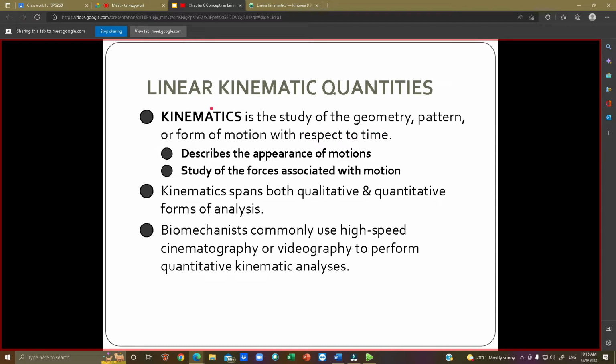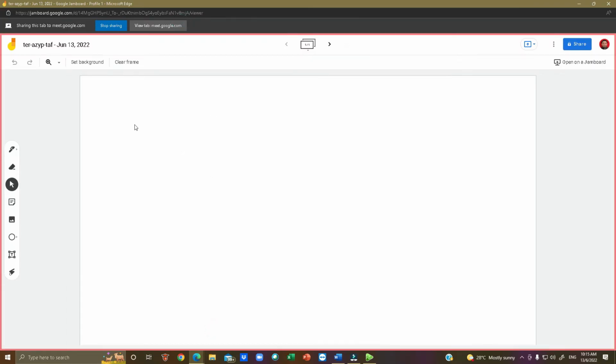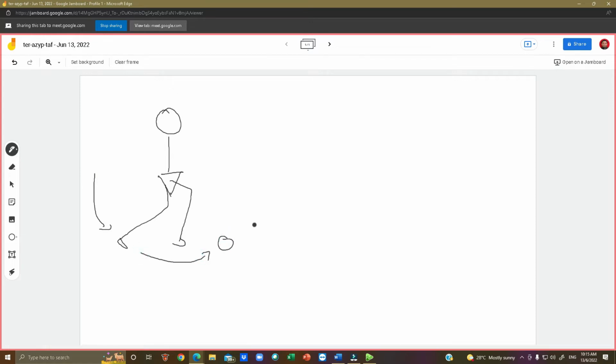Okay, example. Let's take this example. Let's say we have a soccer player trying to kick the ball. Jadi dia akan ada satu pergerakan begini, and it will hit the ball, which in return will make the ball travel. Okay, pergerakan menyepak bola. So, in pergerakan menyepak bola, we are going to have two things. One, the thing that we can observe, pattern.